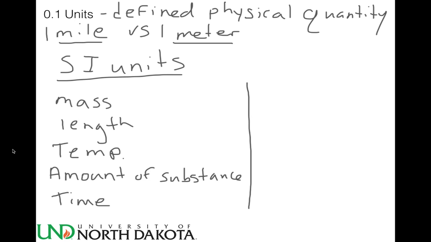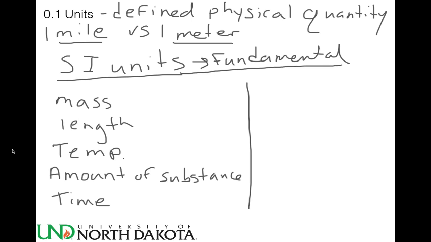And so I'd like to also say that these are what are called fundamental SI units. In a couple minutes here we'll also get into what are called derived units.